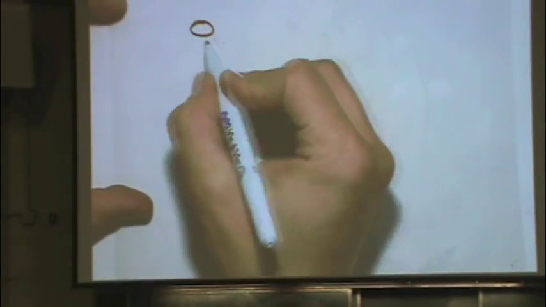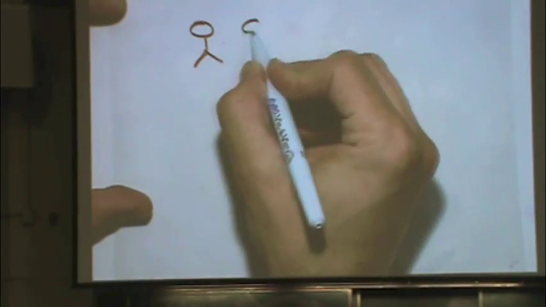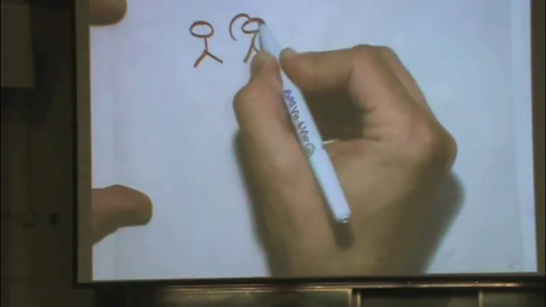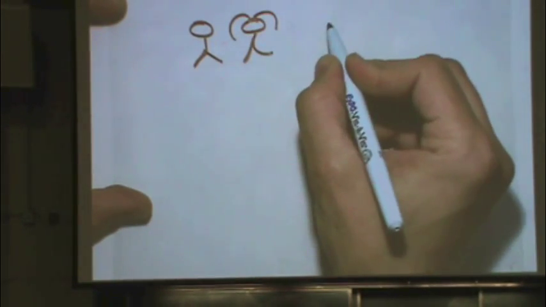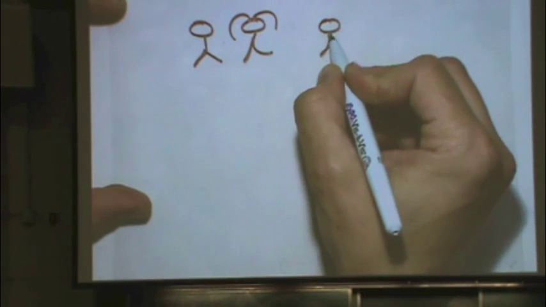Let me show you a picture. I guess I'll draw a picture first. Let's say in your dorms, there are some beautiful boys, beautiful girls.